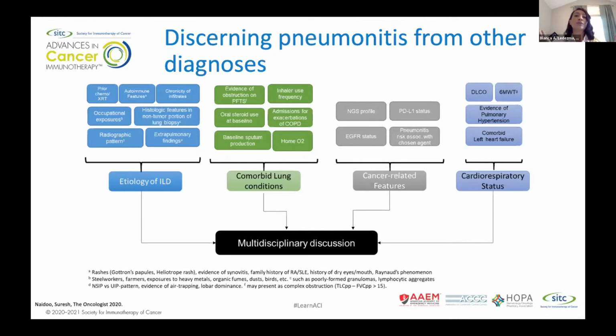So these are all things that we really have to look at and evaluate, and ensure that there are not other comorbidities contributing to symptoms that can truly mimic pneumonitis and not be pneumonitis. So really involve a multidisciplinary approach to our patient and rule out other potential etiologies.